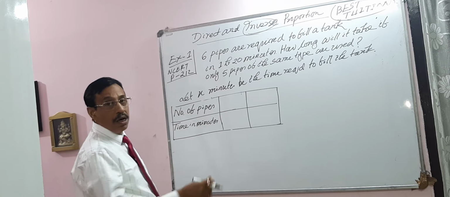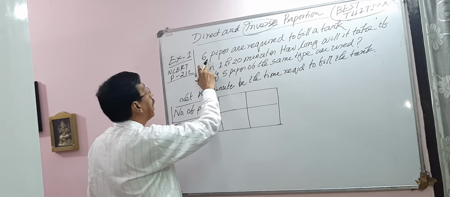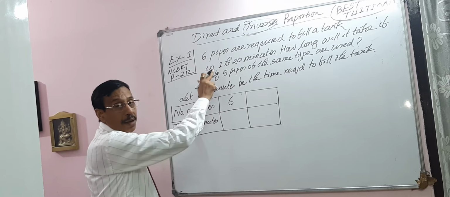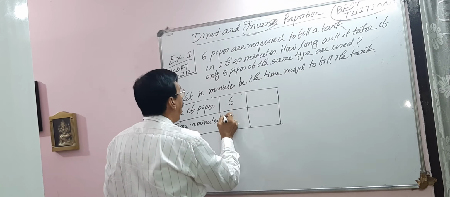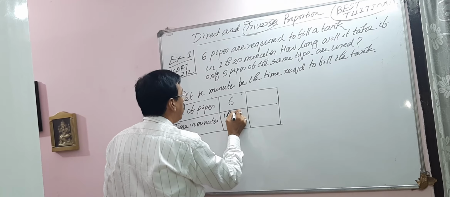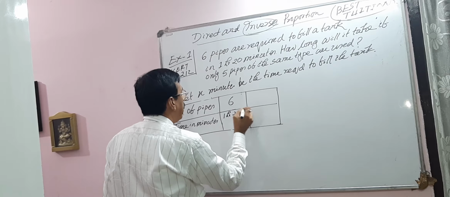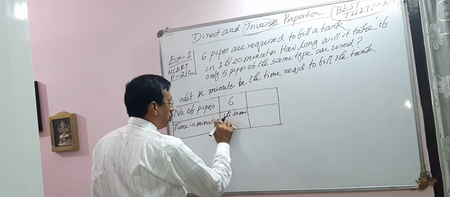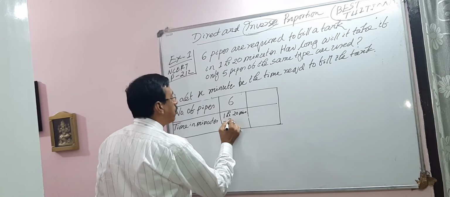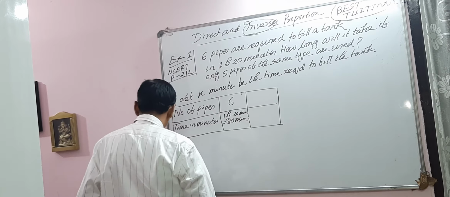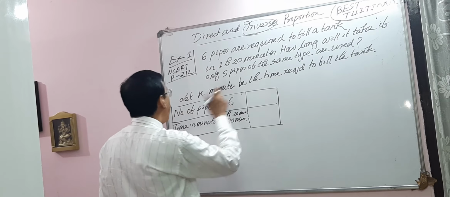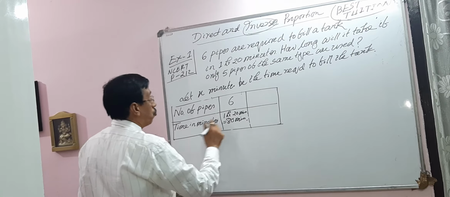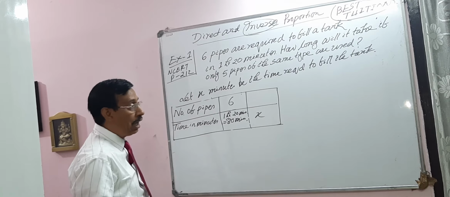What I have written first is number of pipes. Now see, how many pipes? We wrote 6 pipes. Below, what is written? Time in minutes. How much time is it? 1 hour 20 minutes. So I shall write 1 hour 20 minutes, and convert it into minutes. 1 hour is equal to 60 minutes plus 20 minutes, meaning 80 minutes. Okay. Now what I have written is that x minutes is the time required. Time in minutes. So I have written here x. Clear?